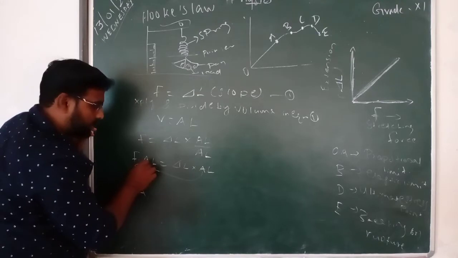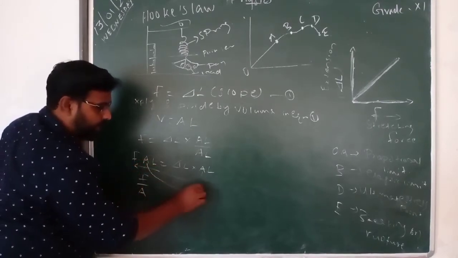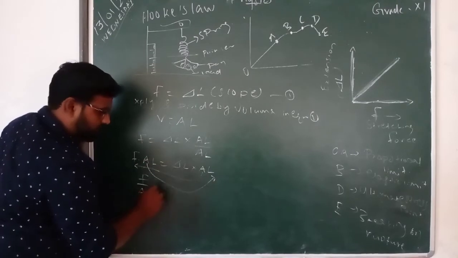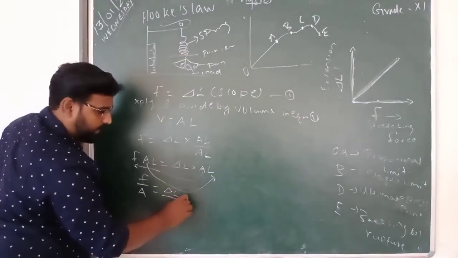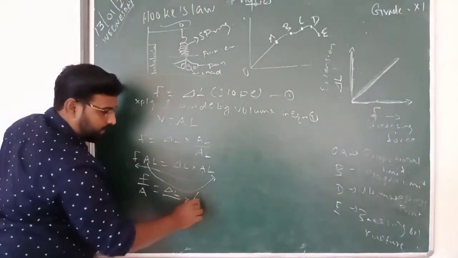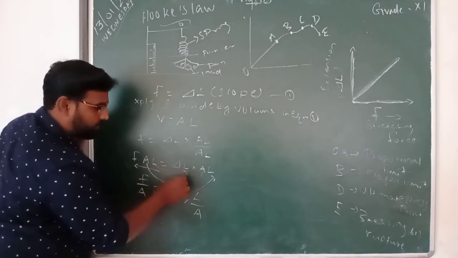So F by A will come here. Now this A will go here. So delta L divided by delta L into L by A. This L you bring down.